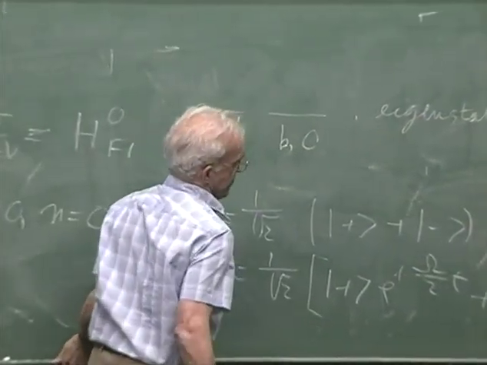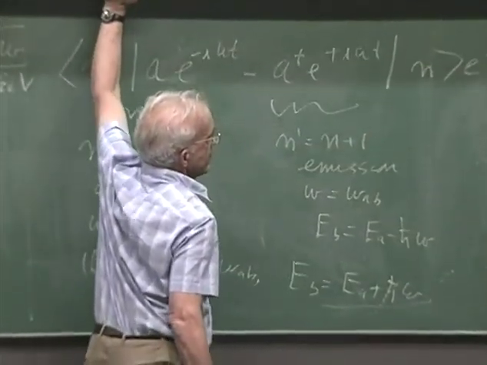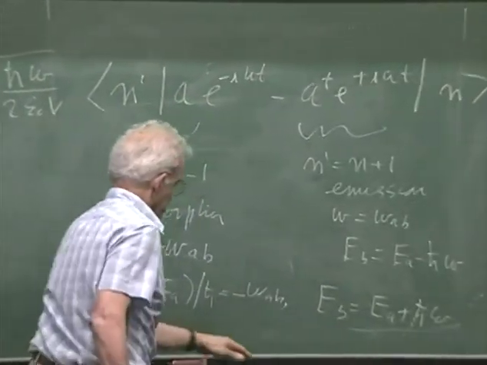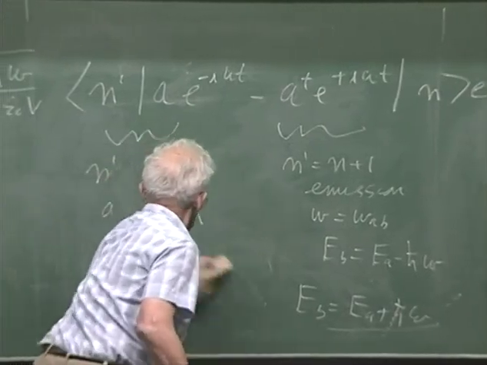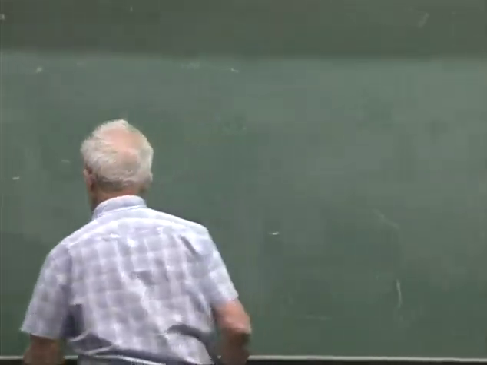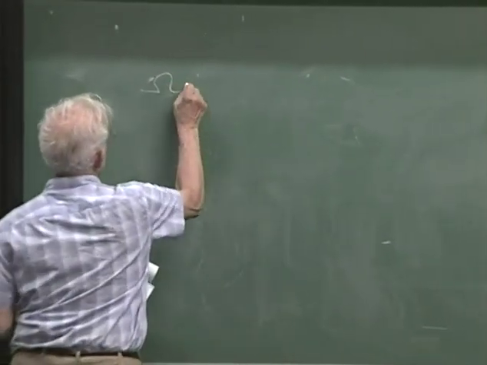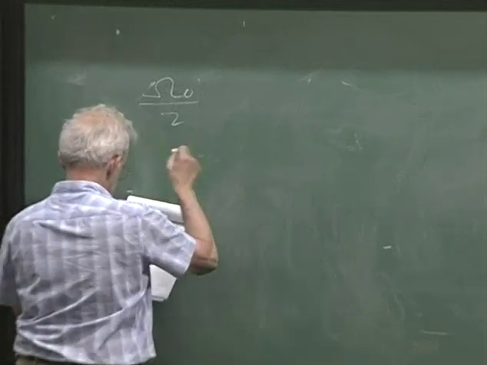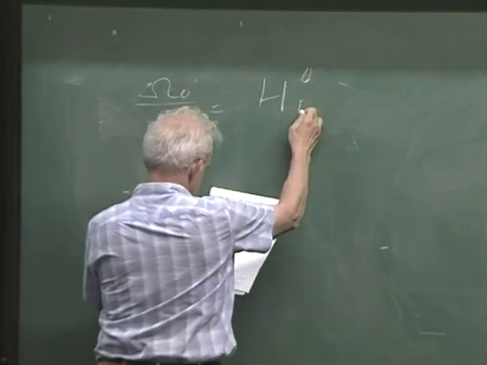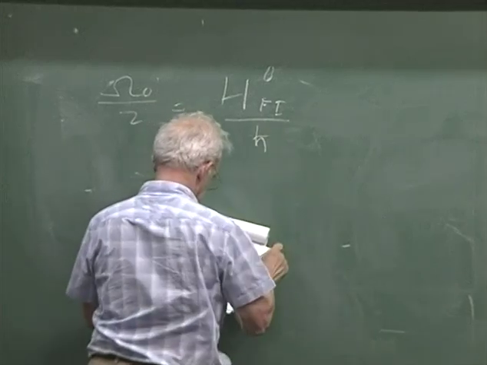And the splitting is just given by the first order interaction that I wrote. The splitting is going to be twice the matrix element between them, so the interaction between them is given by omega naught over 2 equals H0_fi divided by h bar.